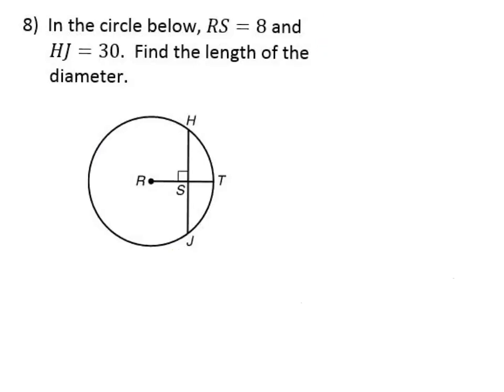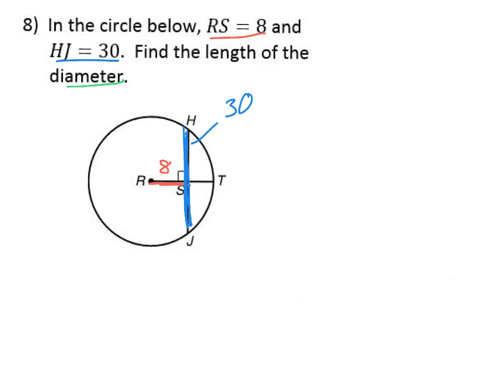So for this last problem, they don't have anything marked in my picture. What I'm told is that RS, this short segment right here, is 8, and that HJ, this whole chord over here on the right, is 30. Then, what I'm looking for is the length of the diameter, but I'm going to need to fill in more information in my picture.